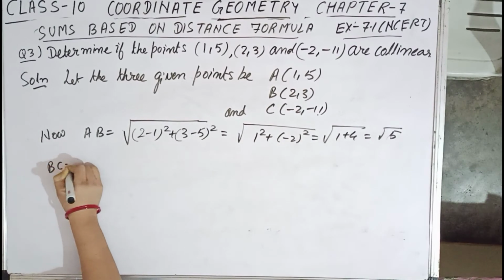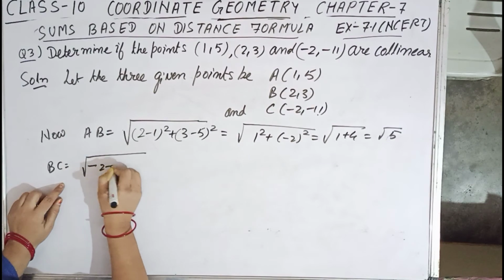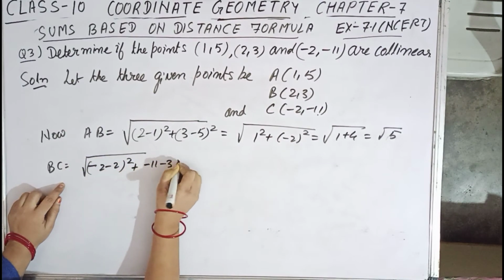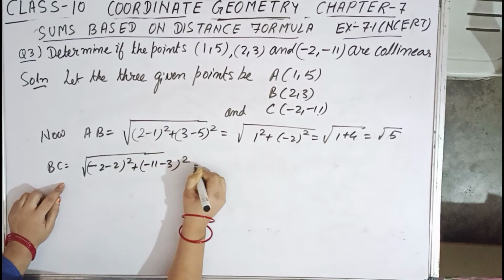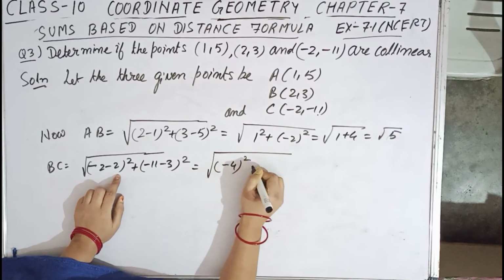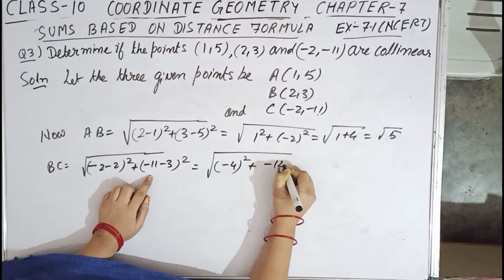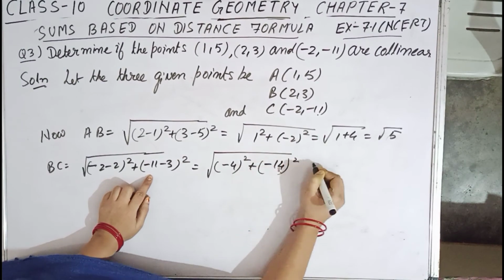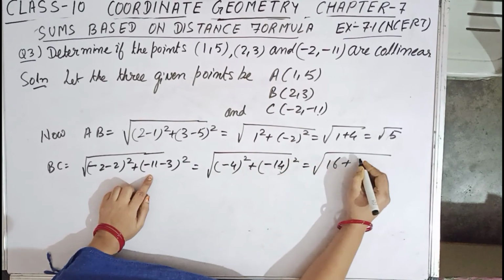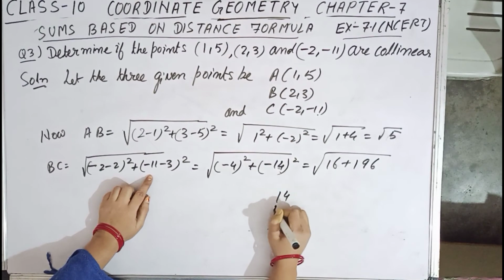Now BC equals the square root of (-2 minus x1) whole square plus (-11 minus 3) square, equals the square root of (-4) square plus (-14) square, equals the square root of 16 plus 14 square, which is 196. Let us check it also.